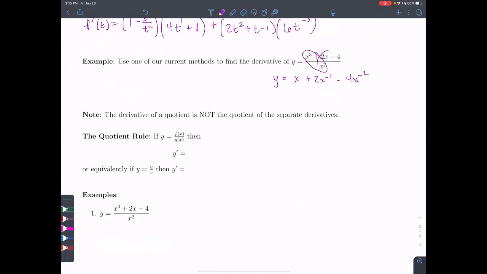Putting each term over x squared and simplifying: x cubed over x squared is just x. 2x over x squared is 2 over x, which is 2 times x to the negative 1. And 4 over x squared would just be 4 times x to the negative 2.